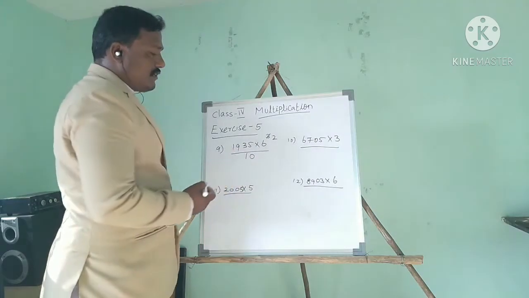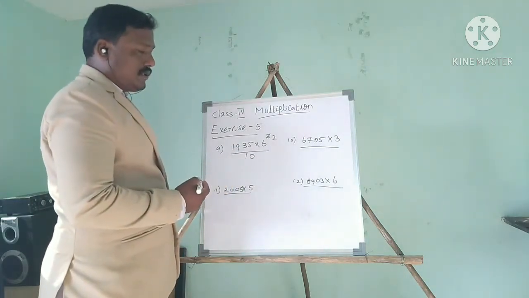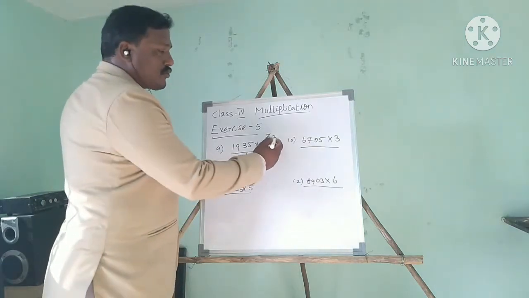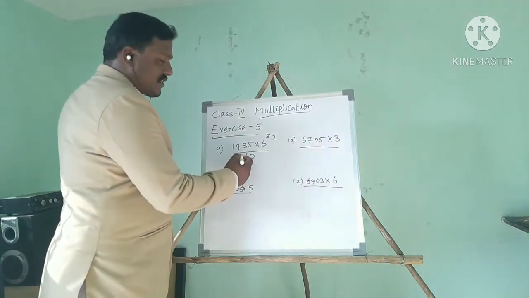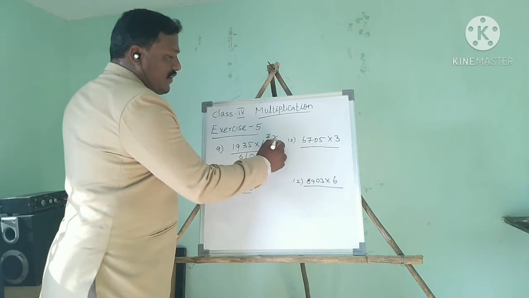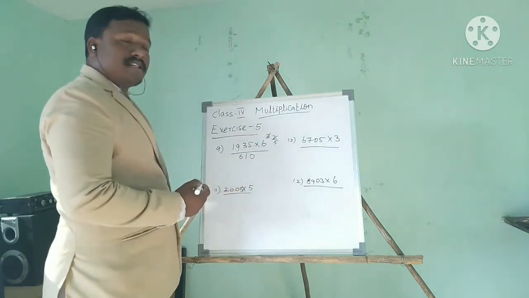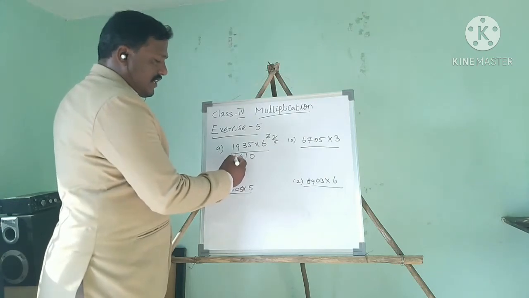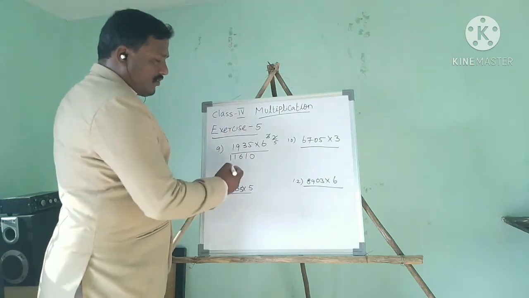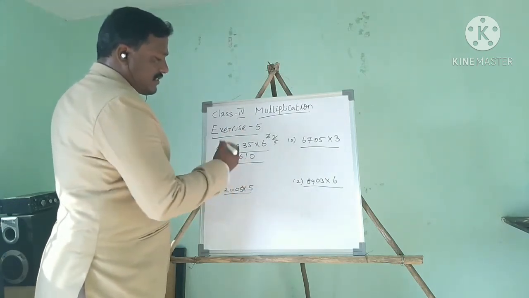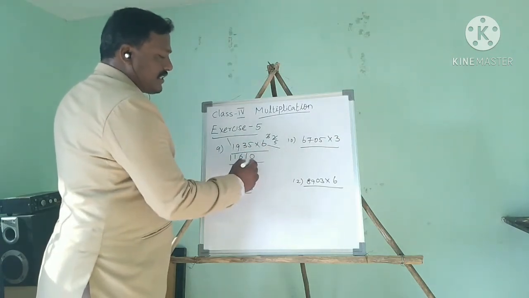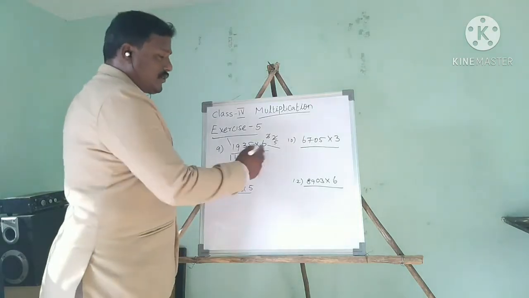So 6 9s are 54. 54 plus 2, 56. So 6 I will write here, 5 as a remainder. 6 ones are 6. 6 plus 5, 11. So 11 I will write as it is. So this is the answer. This is the product.